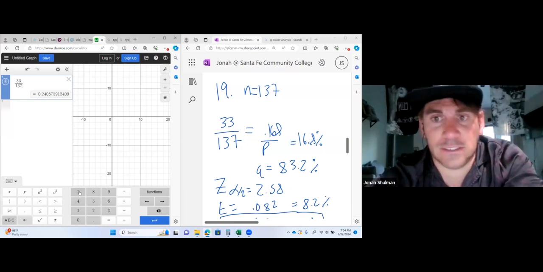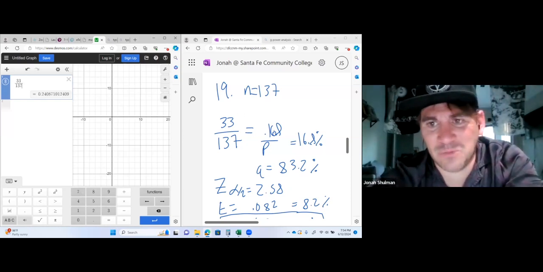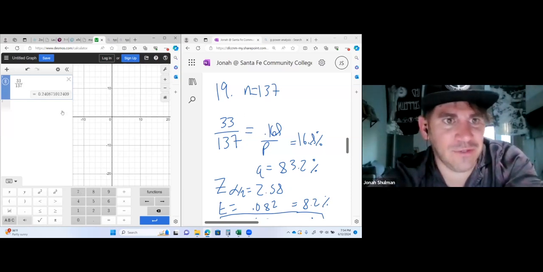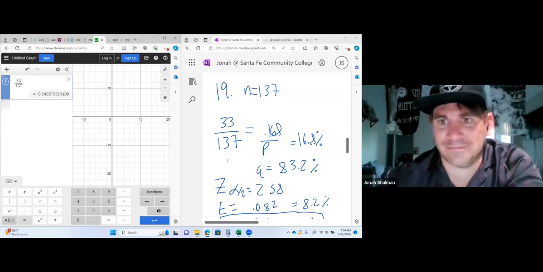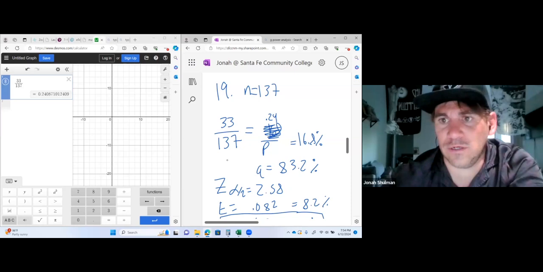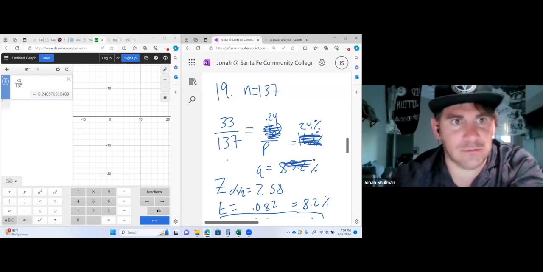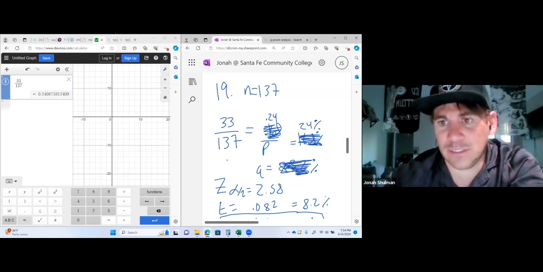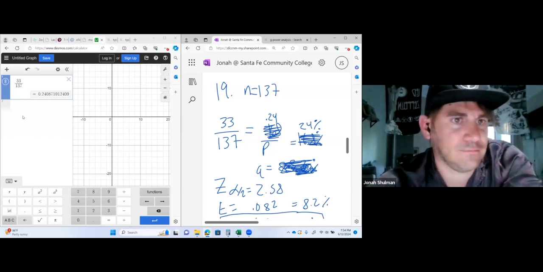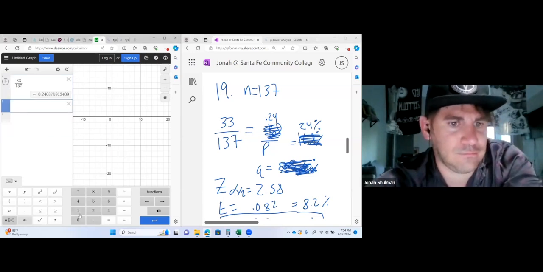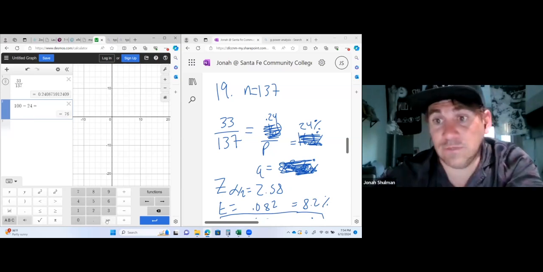And already I see a mistake. This says 0.168, but the exact value is 0.24. So the P should be 0.24, which is 24%. If it happening is 24%, it not happening is what? 100 minus 24 is 76%.